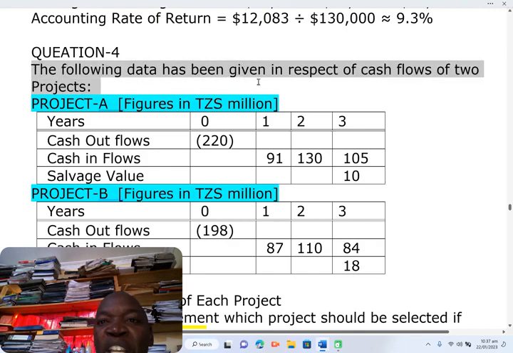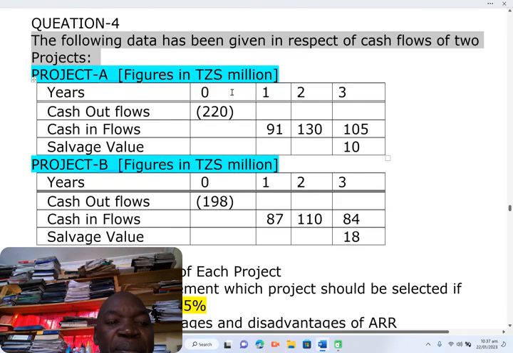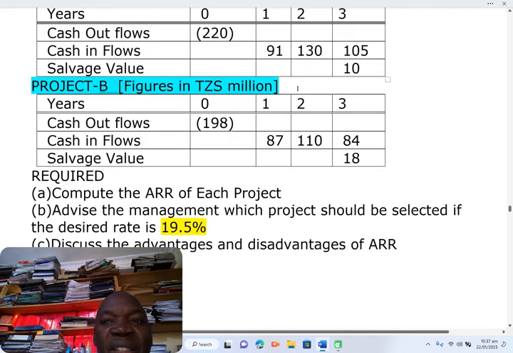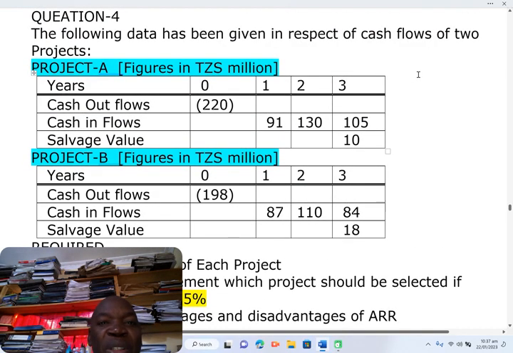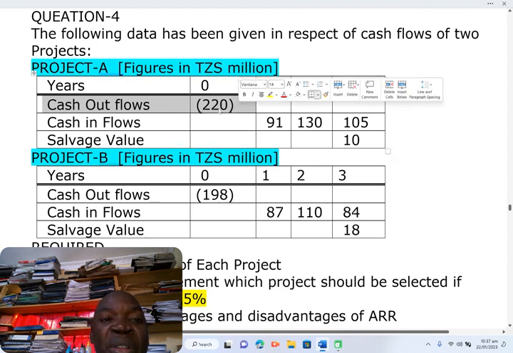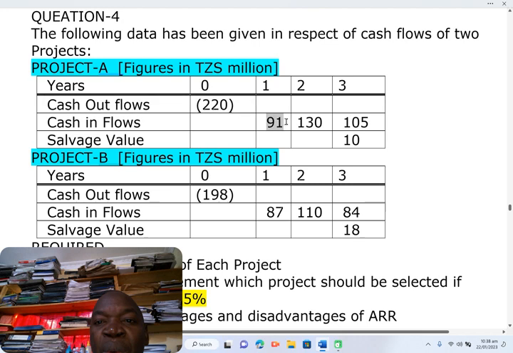The following information has been given in respect of cash flow of 2 projects. That's very interesting. So we have 2 projects here. Project A: the cash outflow is 220 million, and the cash inflow is 91, 130, and 105, with a salvage value of 10.